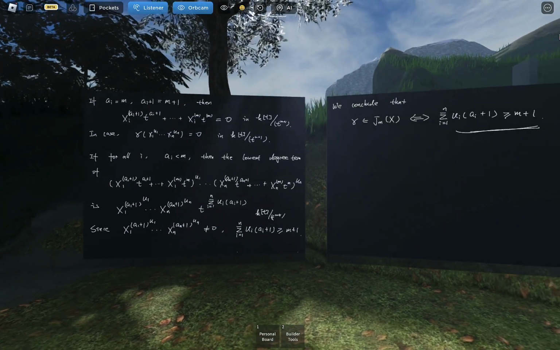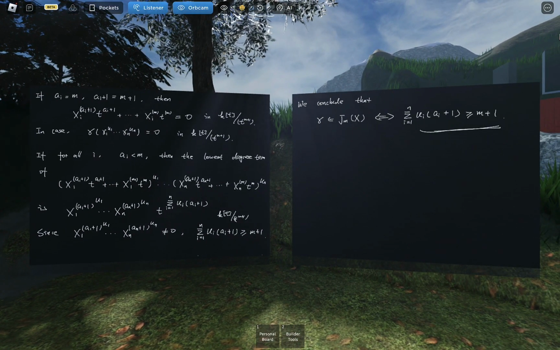So what we have done is that for each m-jet over the affine space, we associate a tuple of numbers, and we get a characterization of m-jets over X: for gamma to be an m-jet over X, we need this inequality.